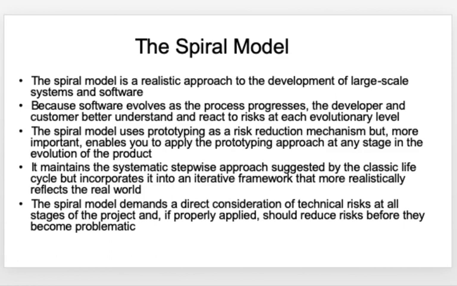The spiral model still maintains the systematic aspects of the classical life cycle model, but uses it in an iterative framework so that you will be able to mimic the real world more realistically. The spiral model will consider all kinds of technical risks in all stages of the project, and basically this model will serve as a risk reduction mechanism.